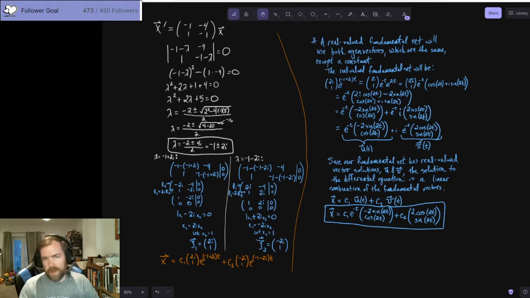So as we go through this, I just want to point out a couple of quick little things. So I created the differential system. X vector prime is going to be equal to our transformation matrix [-1, -4; 1, -1] times x vector.